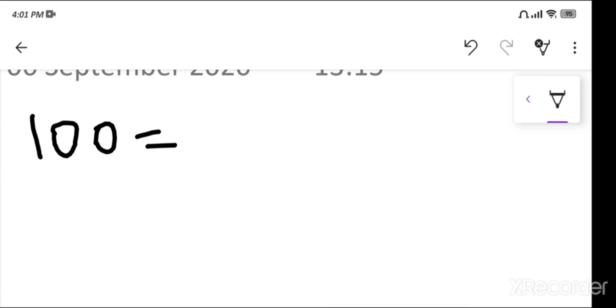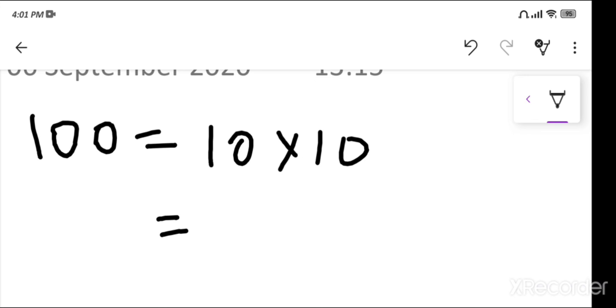For 100, you obviously do 10 into 10, which gives you 100. So you need to compress this. There are two parts and you need to make it one part. So for that, you need to do 10 power 2. That's what exponential form means.